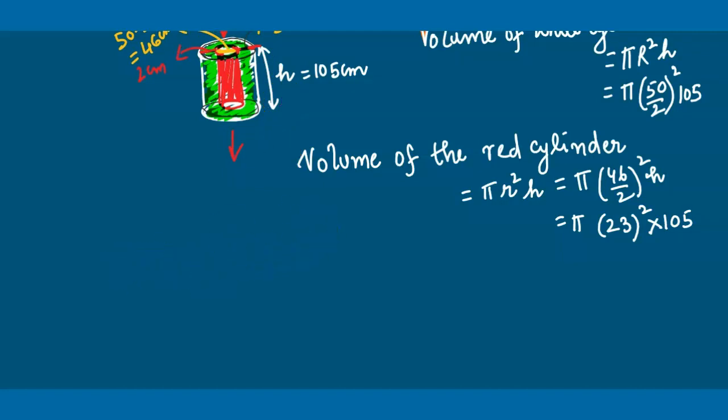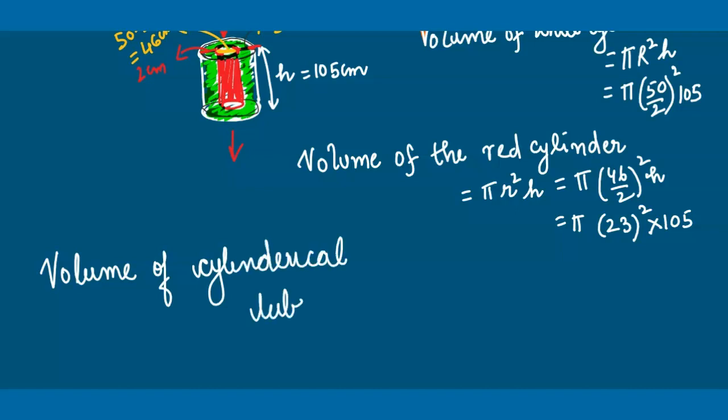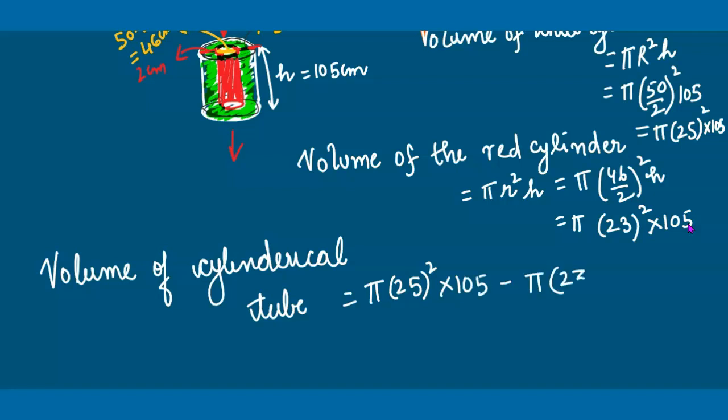So volume of the green part, that is the volume of the cylindrical tube, will be equal to pi into 25 whole square into 105 minus pi into 23 whole square into 105.